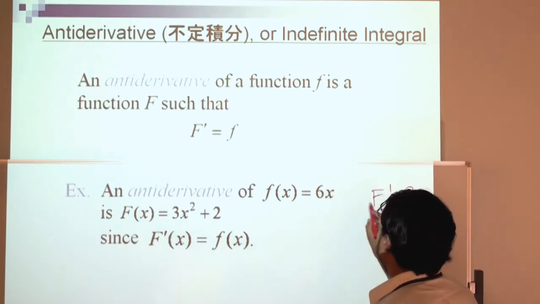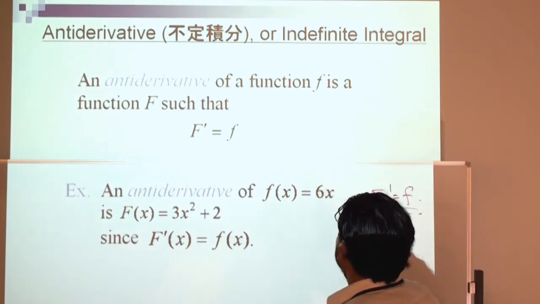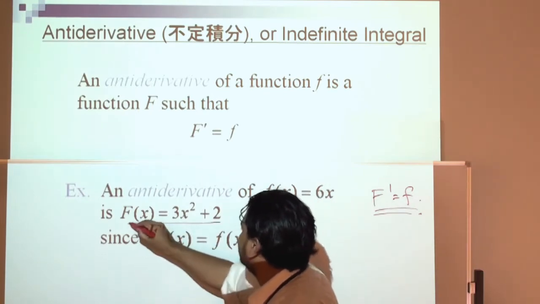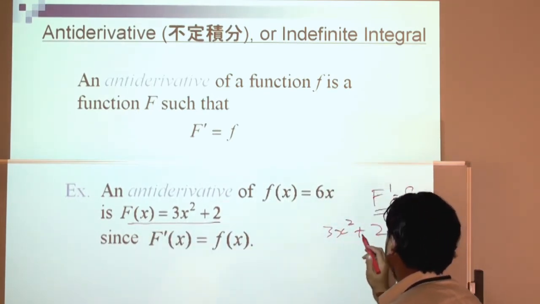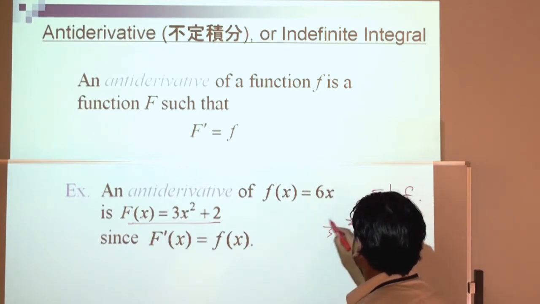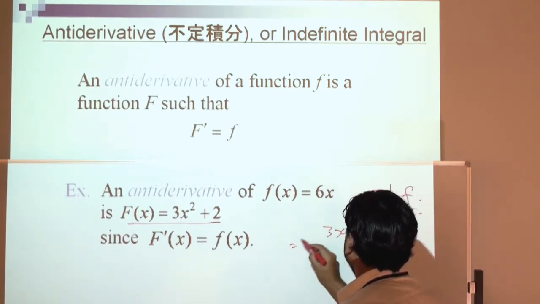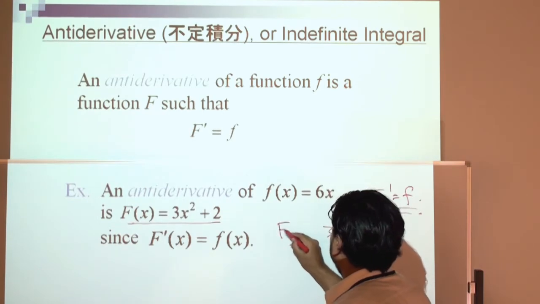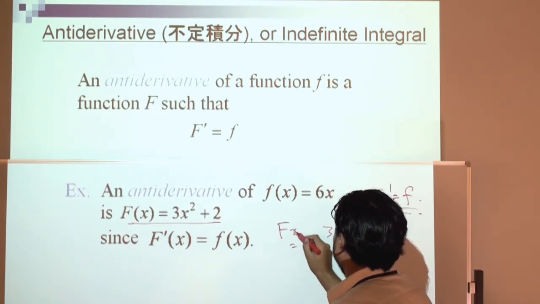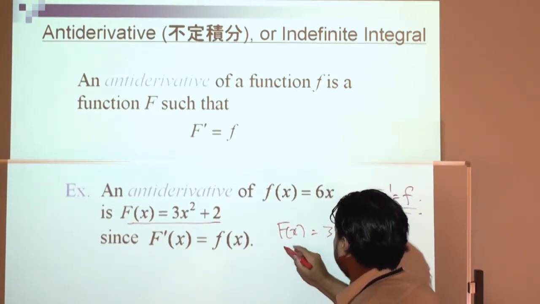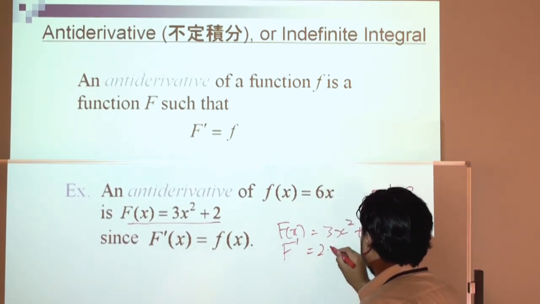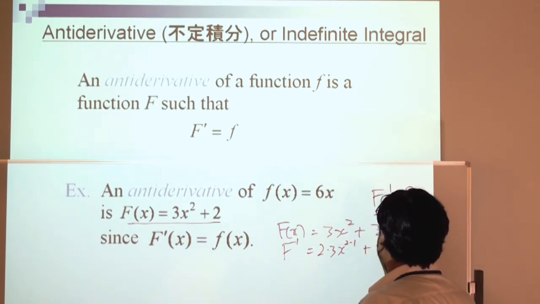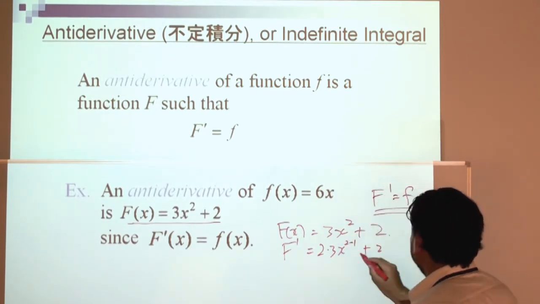since F dash x is equal to f(x). So, for example, if we find the derivative of this, 3x squared plus 2, remember what we did in the previous sessions? Remember the rule? 2 times 3, x, 2 take away 1, plus 2. Now that cancels out.